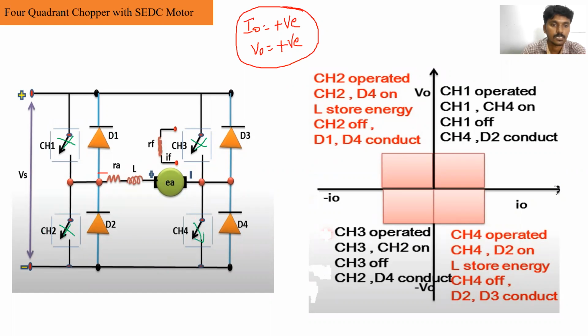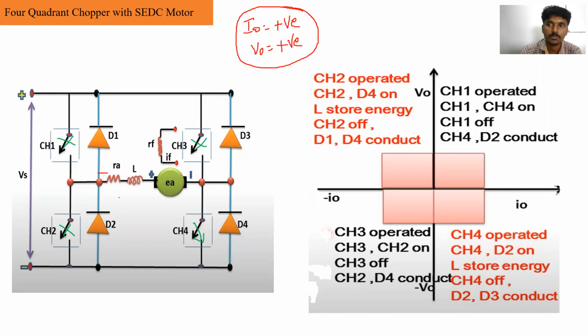For the motor load to be connected to the supply, either switch 1 or switch 3 has to be turned on, but both switches are off in this mode. So here the load is disconnected from the supply.